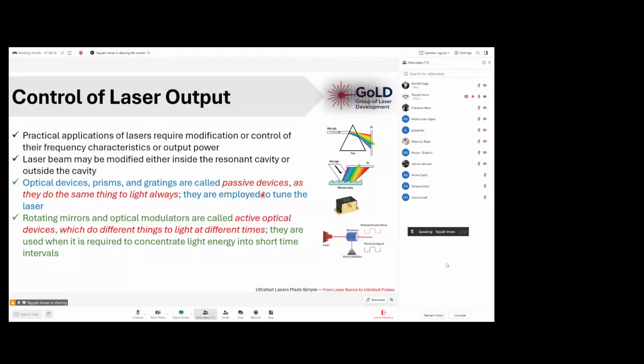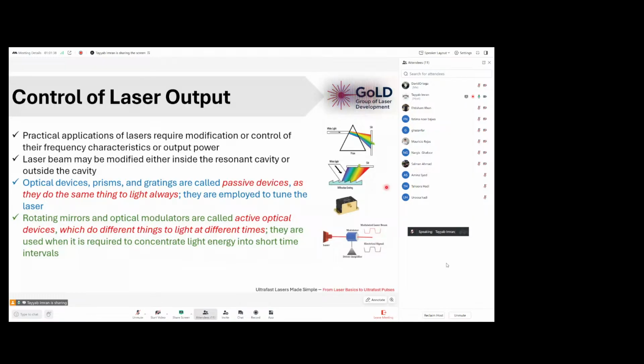Why are they called passive? Because they have a fixed function: they only disperse the light. When light passes through a prism, it disperses the light, and when light passes through a diffraction grating, it also disperses the light. Both of these passive devices are used to control what frequency or wavelength we need at the output for certain applications.